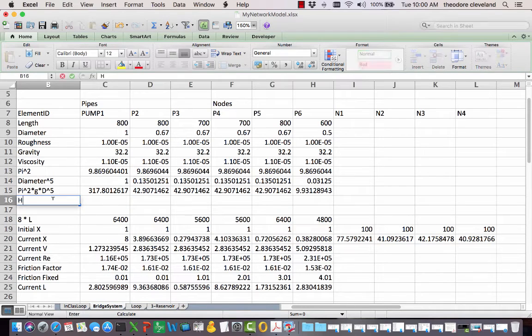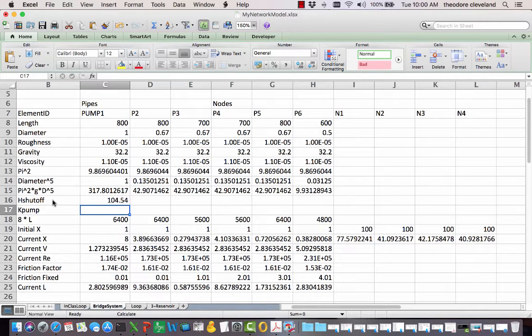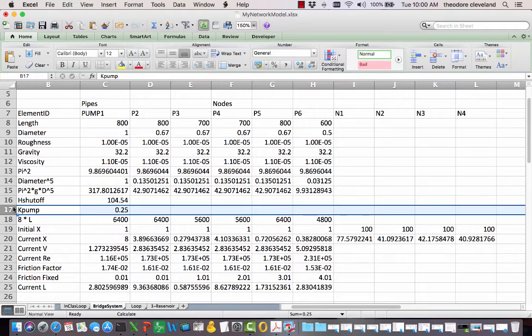Okay, H shutoff, and we need the pump constant. Our shutoff head was 104.54 feet, and our pump constant was 0.25, and we need the pump exponent.